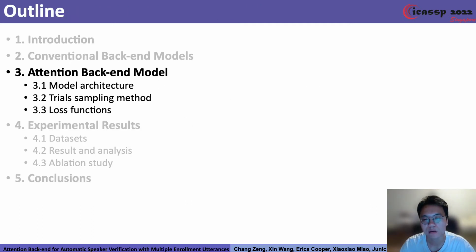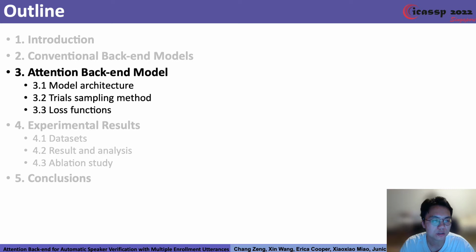No matter which method we use, the multiple enrollment case is switched to single enrollment case, and we can use cosine score or PLDA model to measure the similarity between enrollment speaker and testing speaker. However, there is no interaction among enrollment utterances. So, in this report, we propose a novel attention backend model to introduce the interaction among the enrollment utterances.